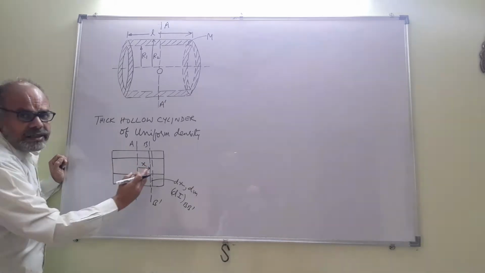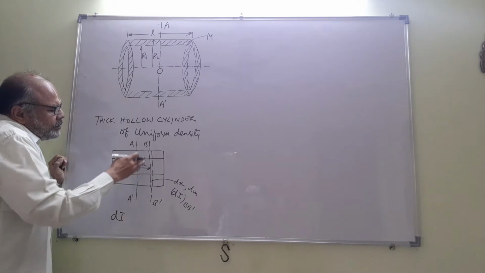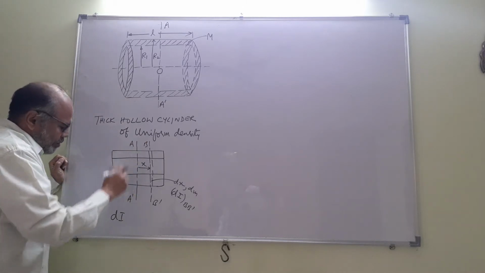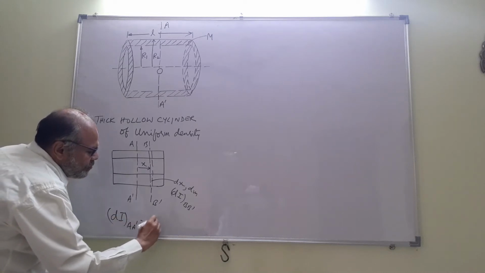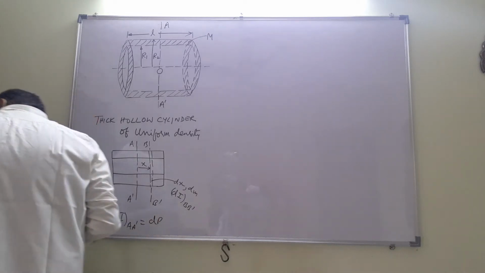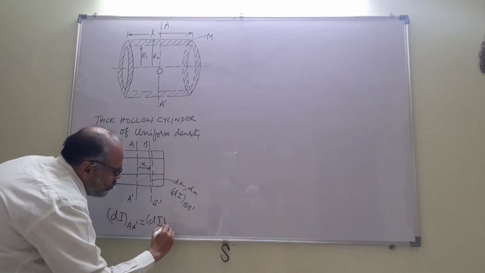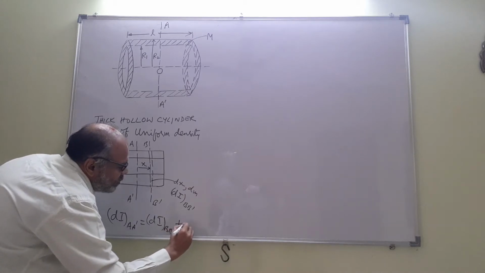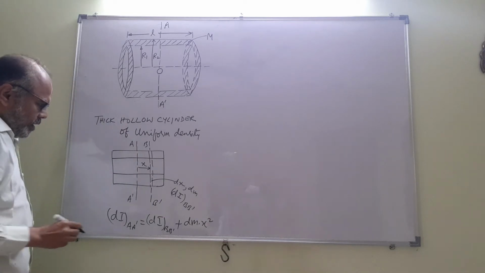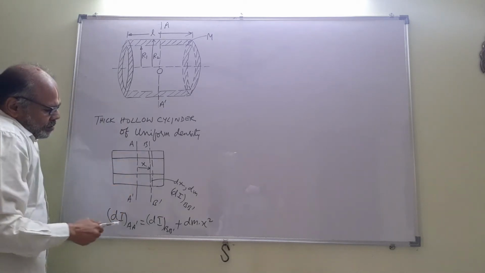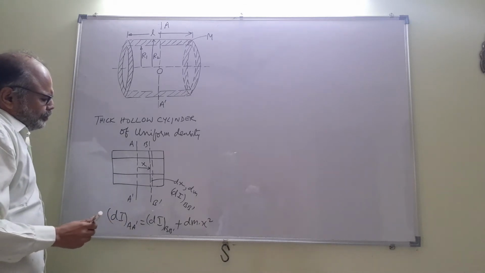We shall apply the parallel axis theorem to get the moment of inertia of that thin annular disc about AA dash, as dI AA dash is equal to dI BB dash plus dm into x squared. This is by the parallel axis theorem.